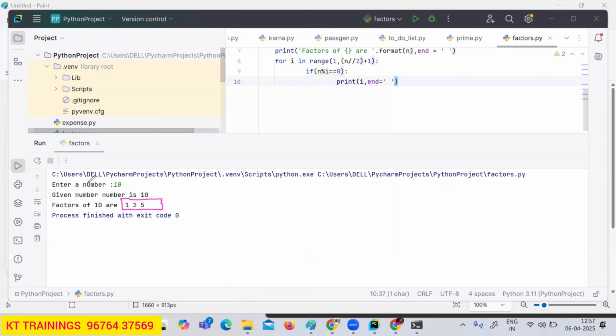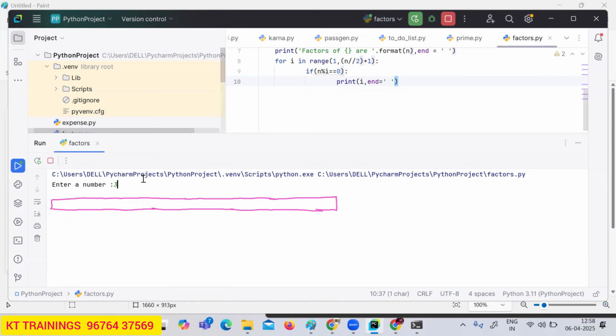The factors have come here, observe. These are all the factors. If you enter another number, say you want to find factors for 30, the factors of 30 are 1 2 3 5 6 10 15. Again we are running, and you enter 300. The factors of 300 are 1 2 3 4 5 6 10 12 15 20 25 30 50 60 75 100 150. These are the factors. Am I clear? Okay. Clear.